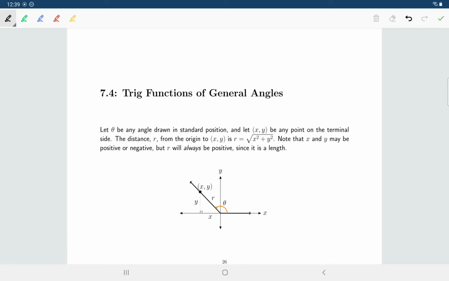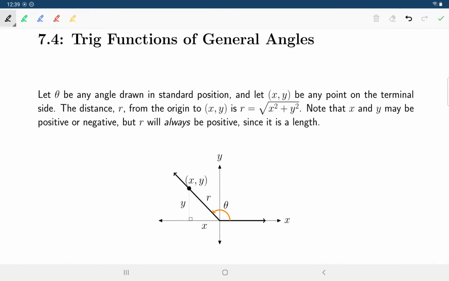So that means that instead of talking about angles inside of a right triangle, we're now going to think about our angles as drawn in standard position. And so that's what I have here in my diagram. I've got this angle theta that I've drawn in standard position, and I've selected any point, doesn't matter what point you want, but any point that happens to be on that terminal side.